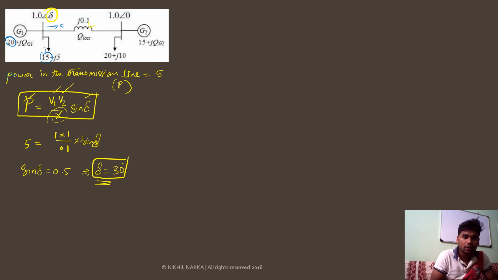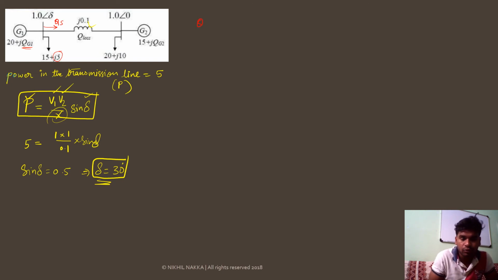Now let's talk about how reactive power is flowing in this particular system. G1 is generating some reactive power Qg1. Out of this Qg1, an amount of 5 is being drawn by the load, and the remaining reactive power is sent into the line, say that is Qs, sending.